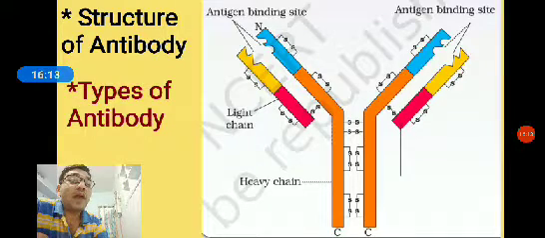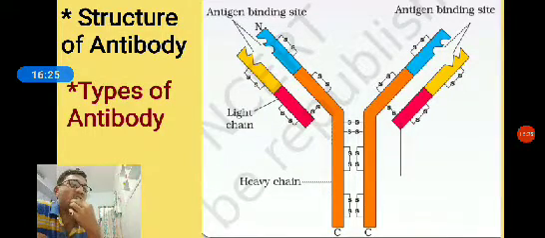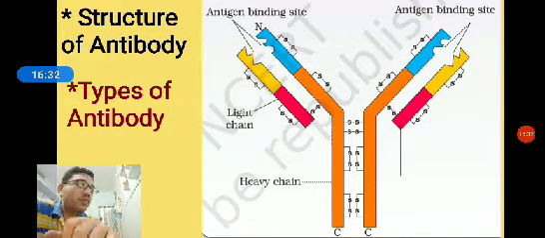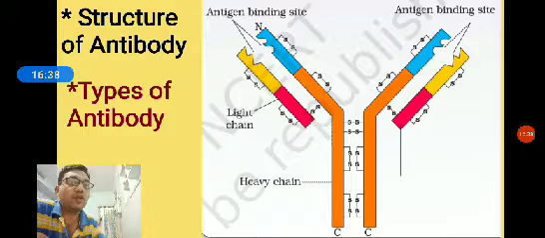The paratope of the antibody and the epitope of antigen, in that place both are able to react with each other to form an antigen antibody complex. This is about the structure of antibody or immunoglobulin.